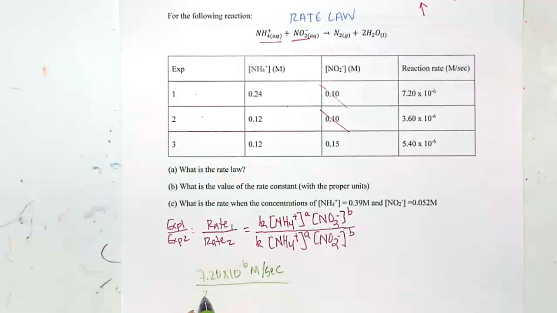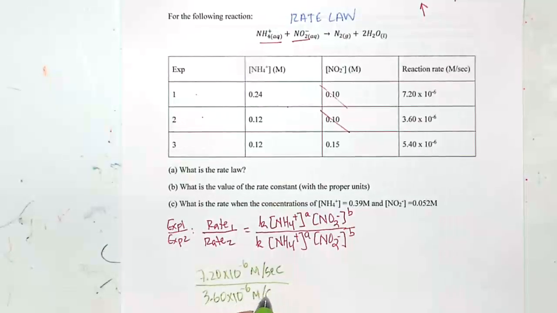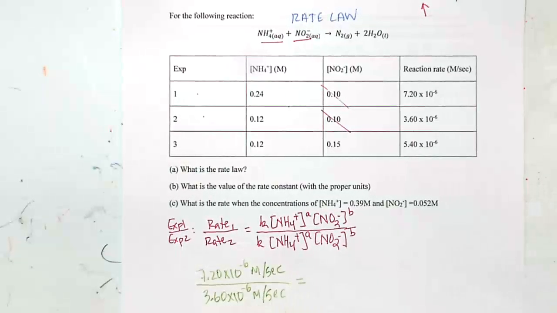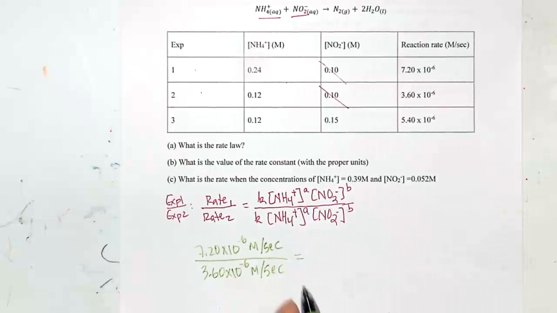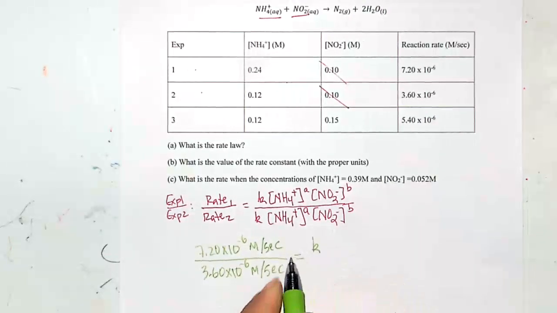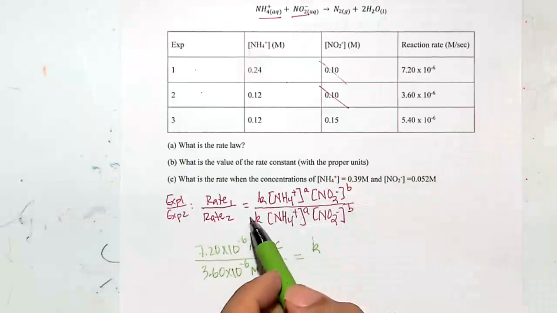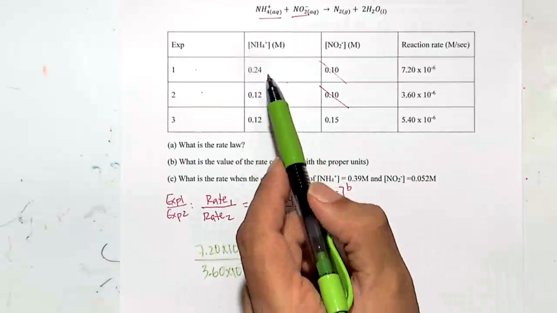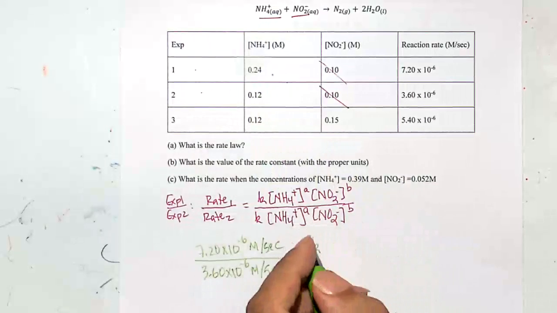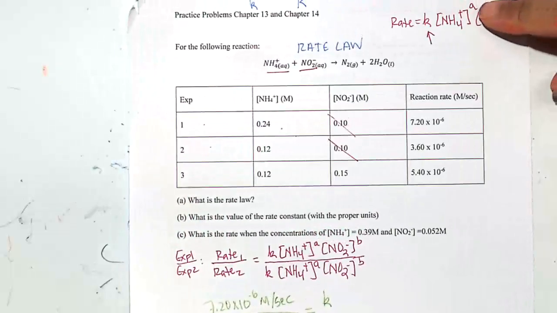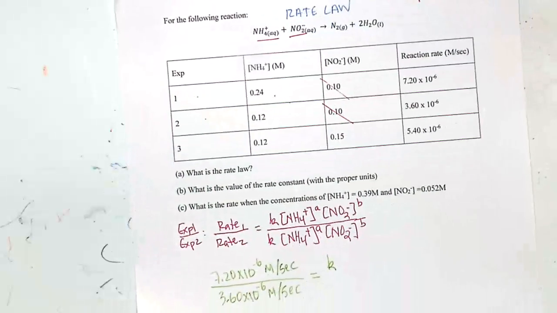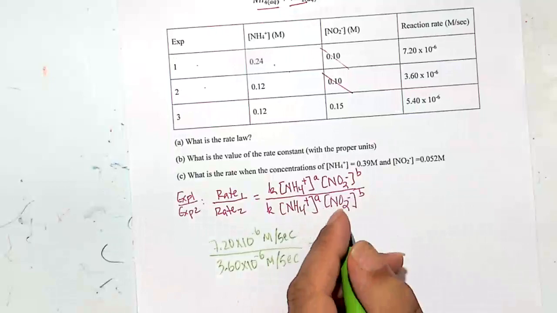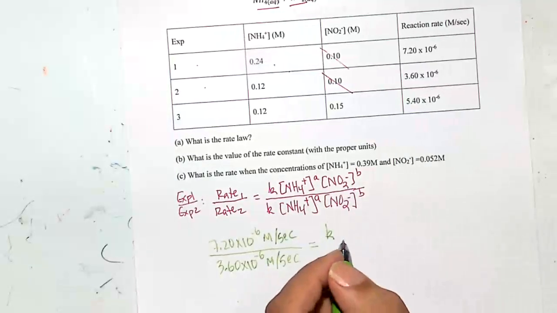Okay, what's rate 2? 3.60 times 10 to the minus 6. What is NH4 plus for rate 1, experiment 1? 0.24 big M raised to the power of A. We want to find out these exponents now.